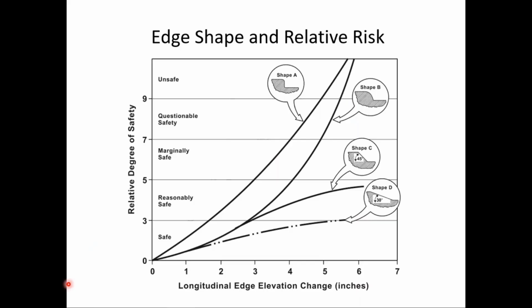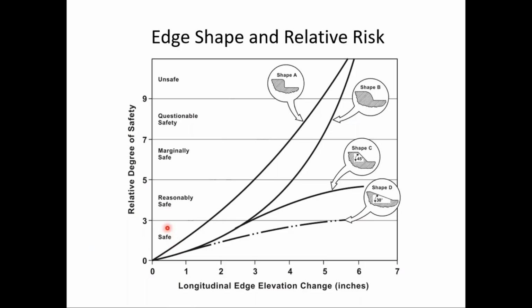University. Notice on the horizontal scale, they have the longitudinal edge elevation change in inches from 0 up to 7 inches. And on the vertical scale there's numbers here, but I often look at the description since it's more qualitative maybe than quantitative, but they call this the relative degree of safety.